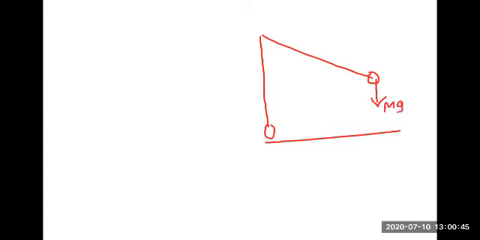So here it is making an angle theta. This angle is theta. The tension will act towards the point of suspension. Tension always acts towards the point of suspension.